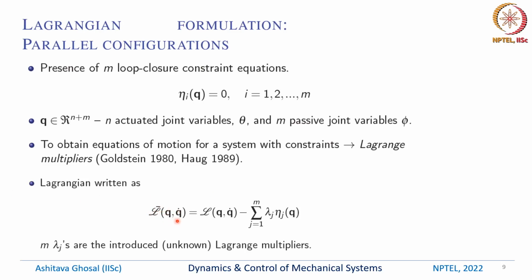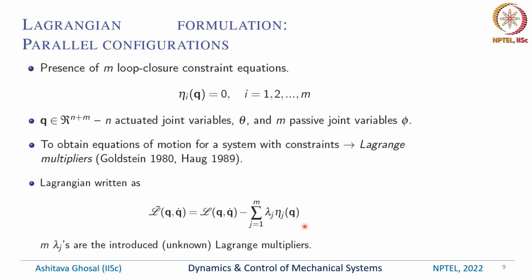So this is a function of q and q dot, which is the same as the original Lagrangian, which is kinetic minus potential energy, minus this sum over j equals 1 through m. So there are m loop closure equations. So eta_j, so this is the constraint, times some lambda_j. So these are called the Lagrange multipliers.